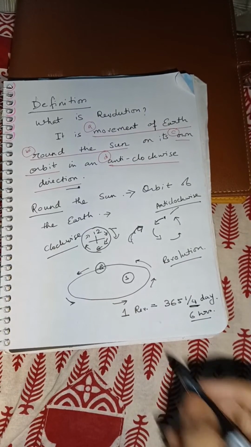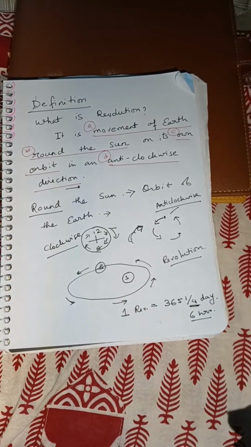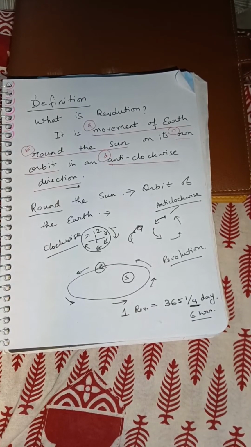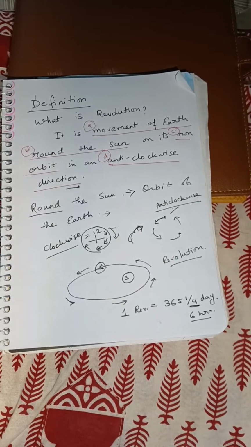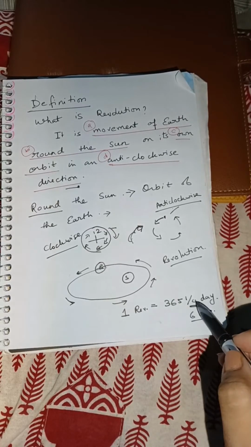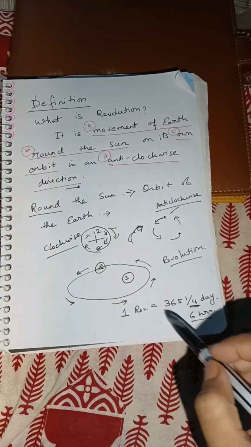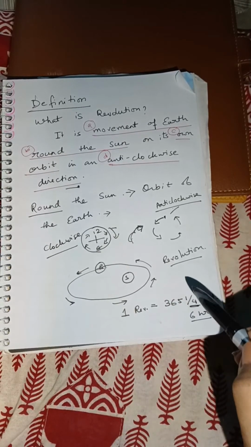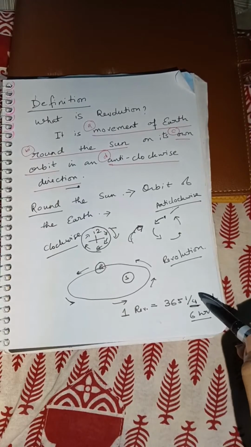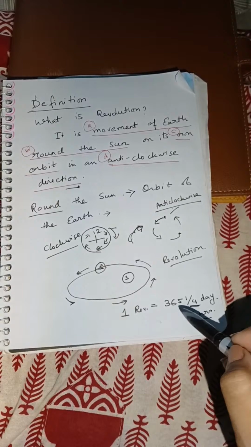But in 1 year we have 365 days, and due to calculation this 1/4 day we do not take in 1 year.